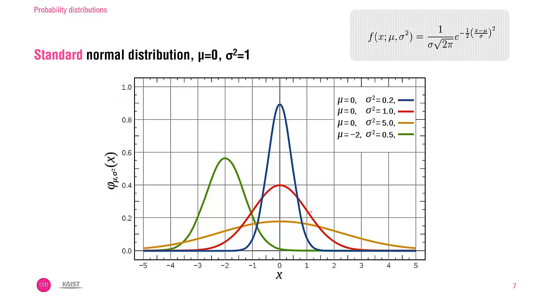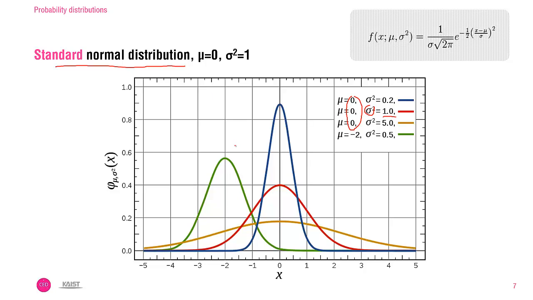Okay, here you have four curves, and all four curves are symmetrical and bell-shaped. Therefore, all curves are fitting to normal distribution. But in particular, when the mean value, so mu, is 0, and the variance, so sigma squared, is 1, then it is called the standard normal distribution.